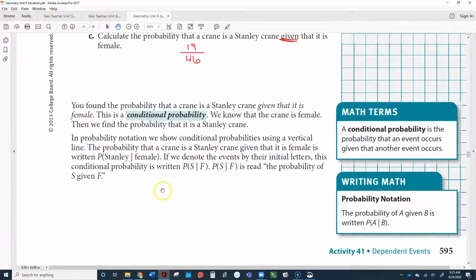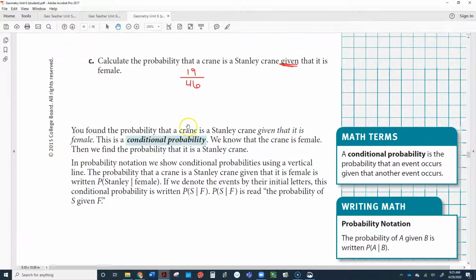And here it explains that this is considered a conditional probability because we have a known condition, and the known condition is that it's a female. Not choosing from all the cranes, just the female ones. And here's the way it would be written. Find the probability that we get a Stanley crane.